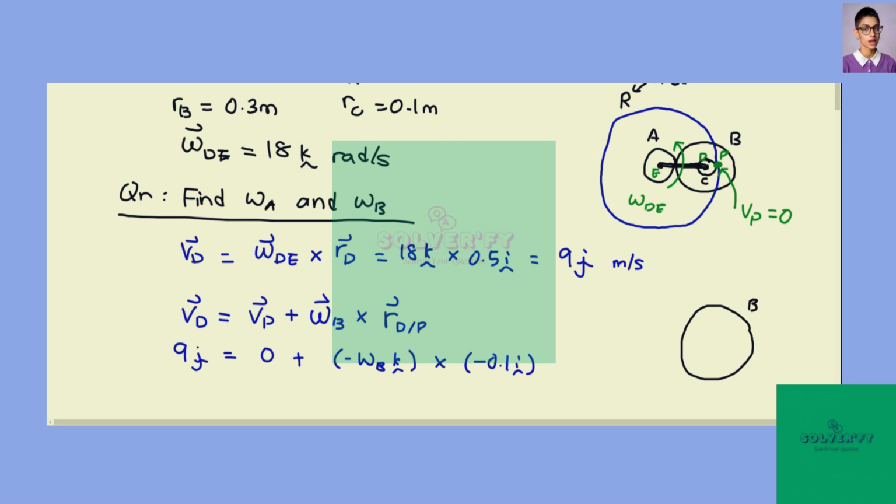this is B, and this is C, and we have D at this point, and P is this point. The radius of C is 0.1, and from P to D is minus 0.1i.